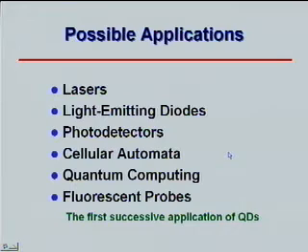So that's why a quantum dot is sometimes called an artificial atom. Quantum dots have been investigated since the 1980s, and a lot of applications have also been proposed. And this is a list of possible applications. Among these, fluorescent probes are the first successful application of quantum dots. So today I'll focus on quantum dots for this use.